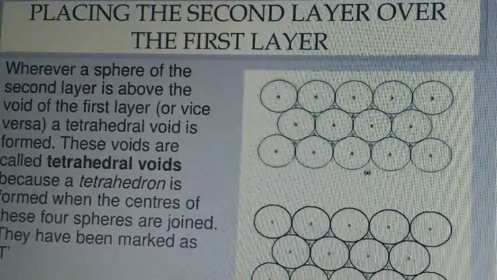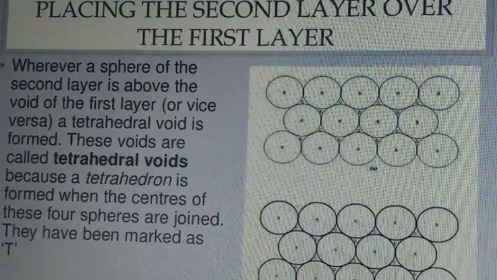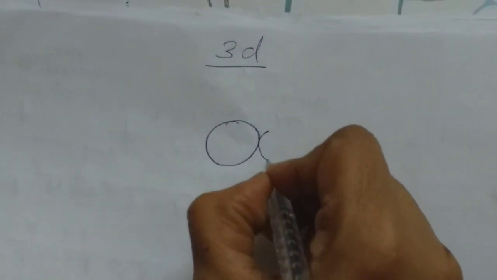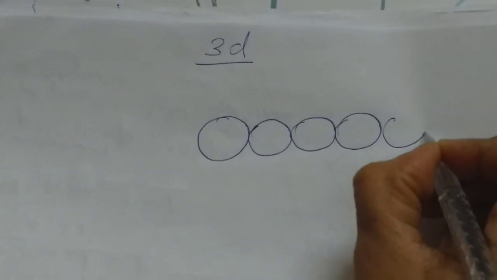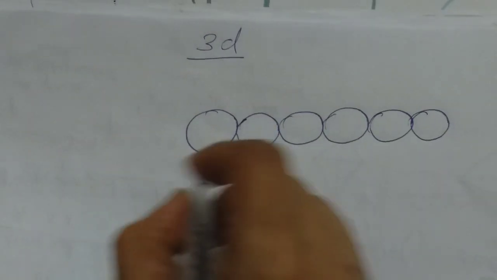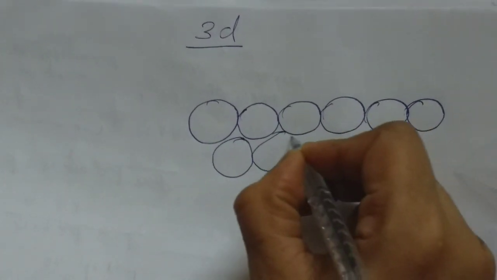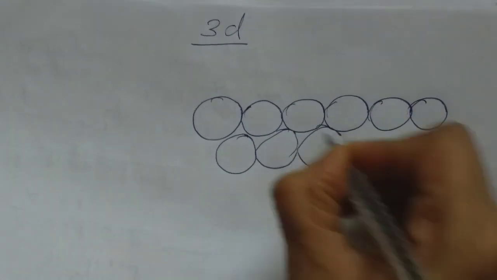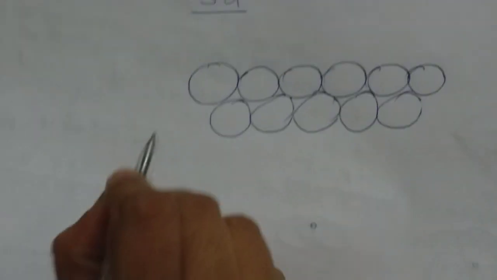Now I am going to draw and show you how a tetrahedral void is formed. Now you see this is the first layer, I am drawing the first row, and the first layer. The second row occupies the depression in the first row.